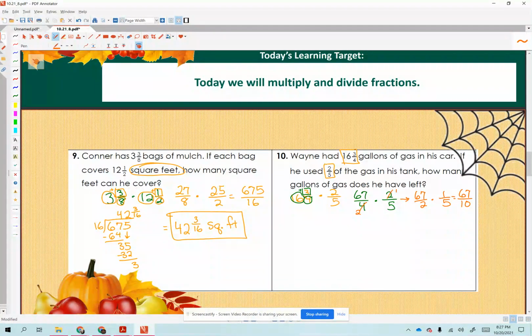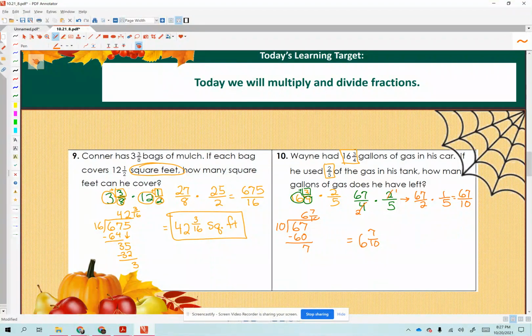So we need to divide 67 by 10. And we know that 10 times 6 is 60. So we will have 7/10 left over. So our final answer, 6 7/10. And what are we talking about? We're talking about gallons of gas.